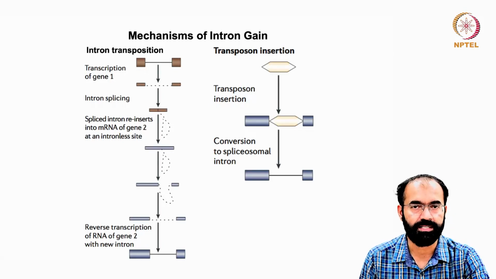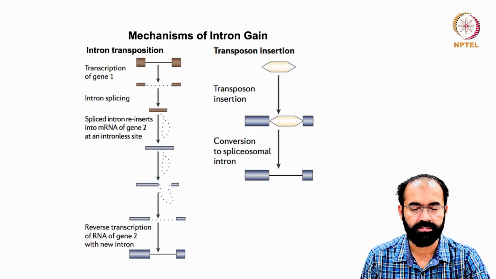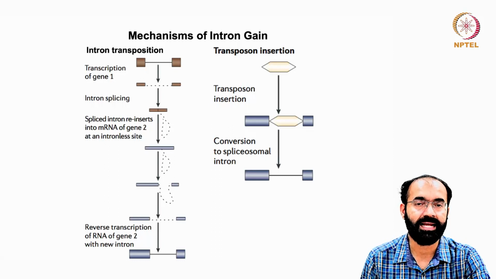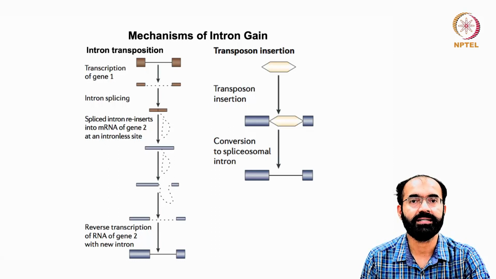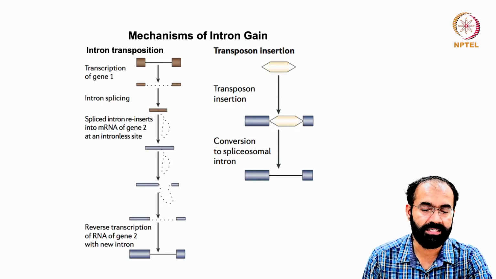So you have an intron that is removed from a given gene and it is freely moving in the cytoplasm, and it can access into the nucleus and it can facilitate itself into recombination into elsewhere into an intron-less gene.